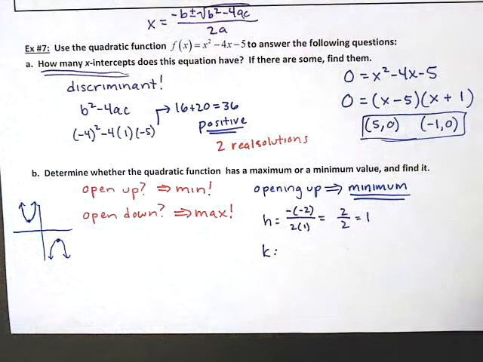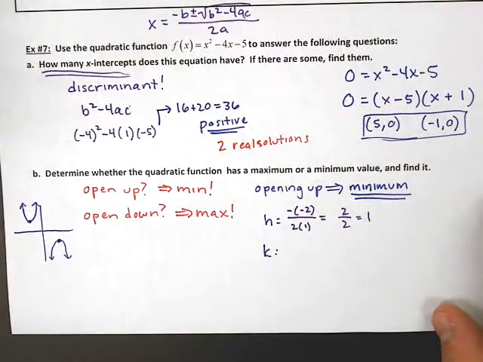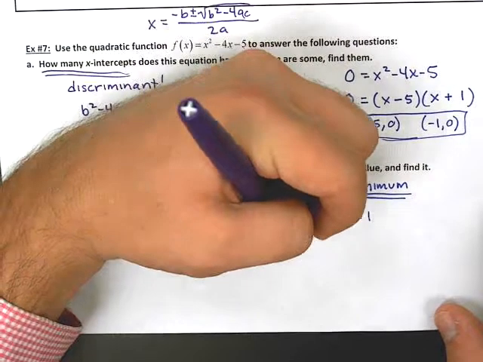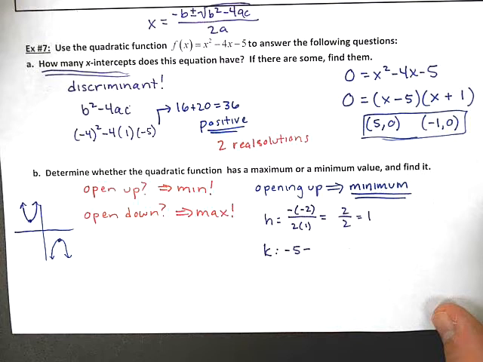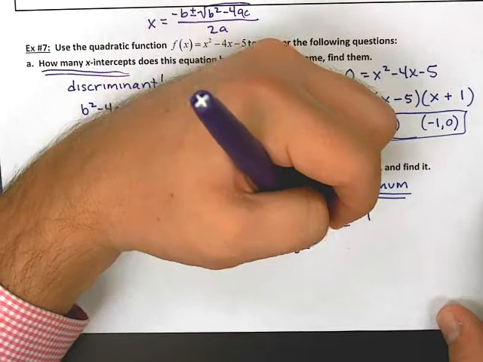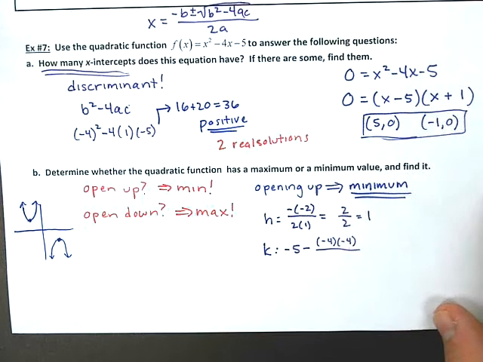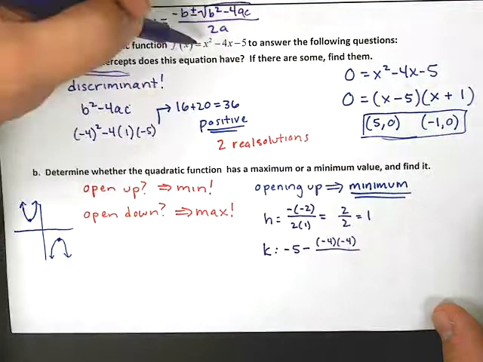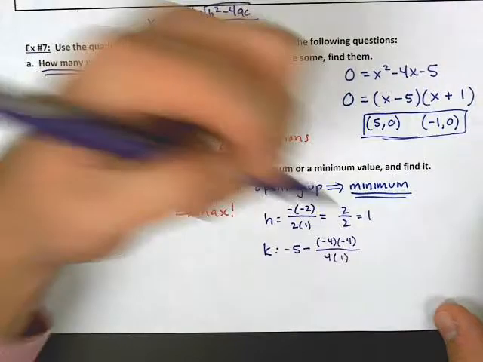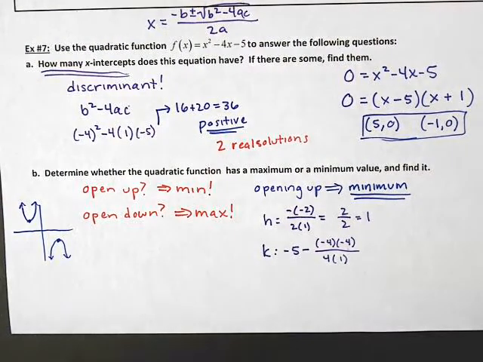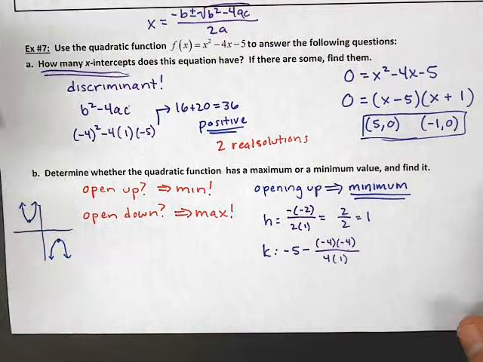We can do this. K is c minus b squared over 4a. So c is negative 5, so negative 5 minus b squared, which is negative 4 squared, over 4a, so 4 times 1. Let's think about this.